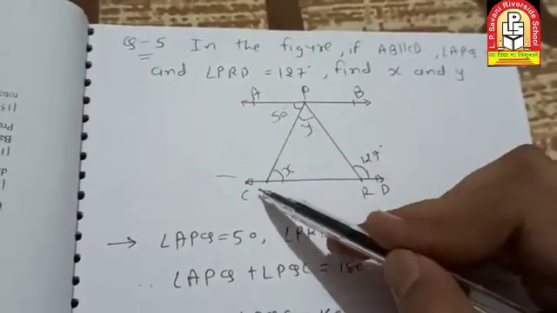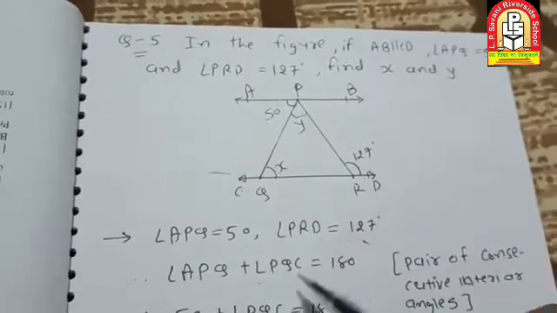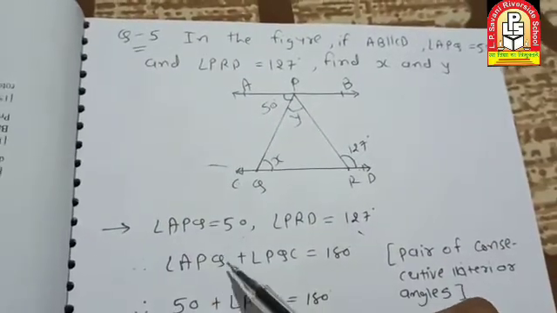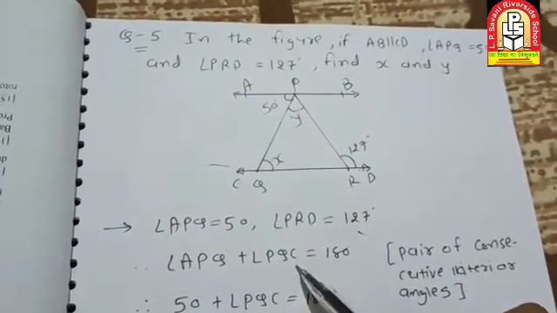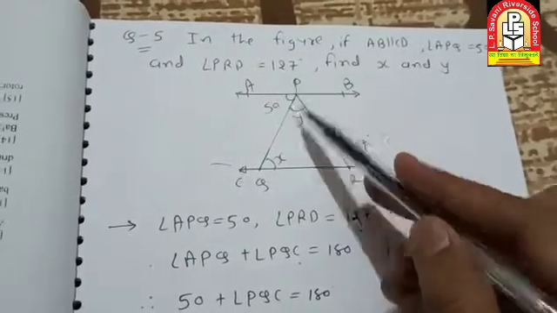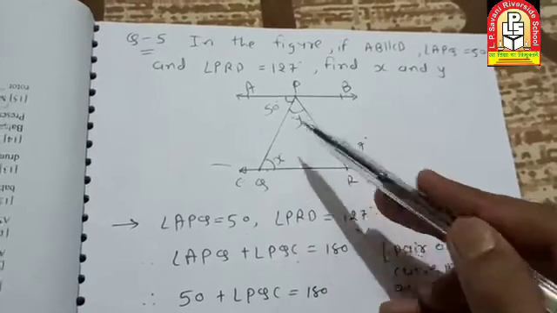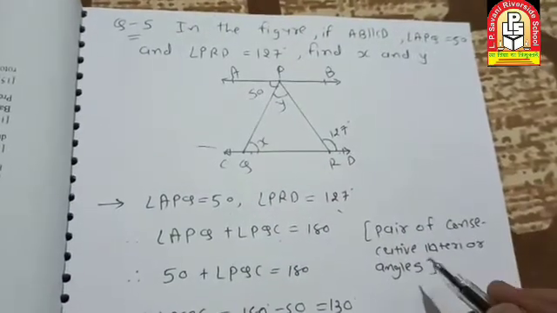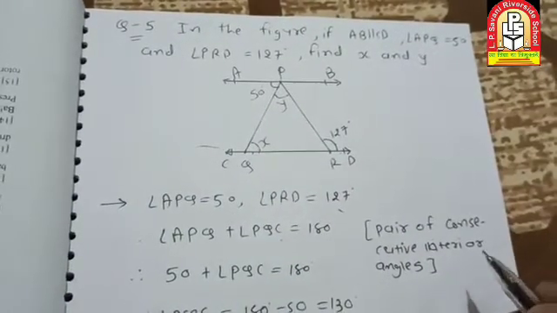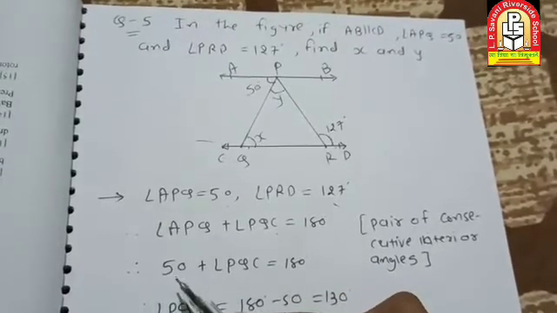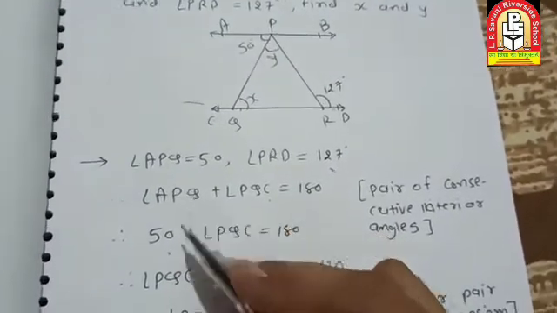These two lines AB and CD are parallel lines. So angle APQ plus PQC are a pair of consecutive interior angles. Here put the value of APQ.